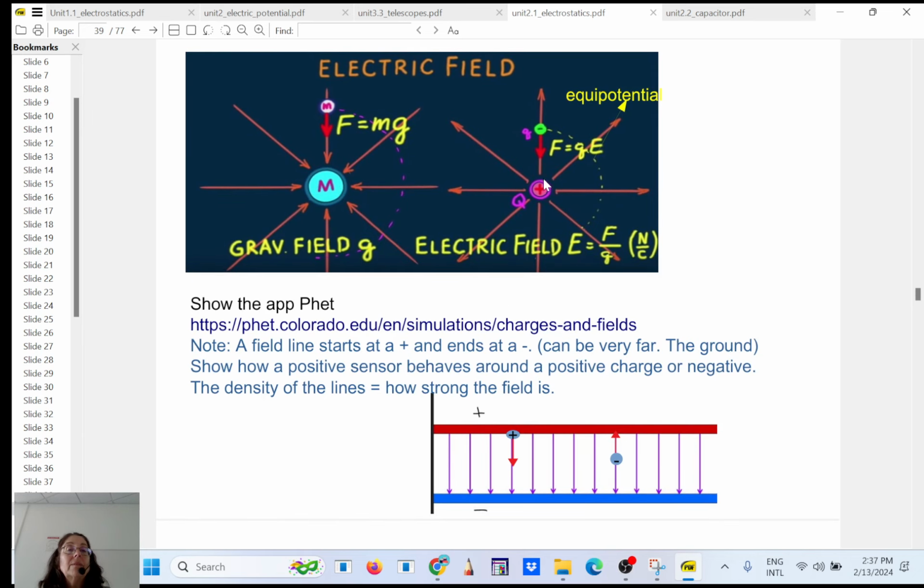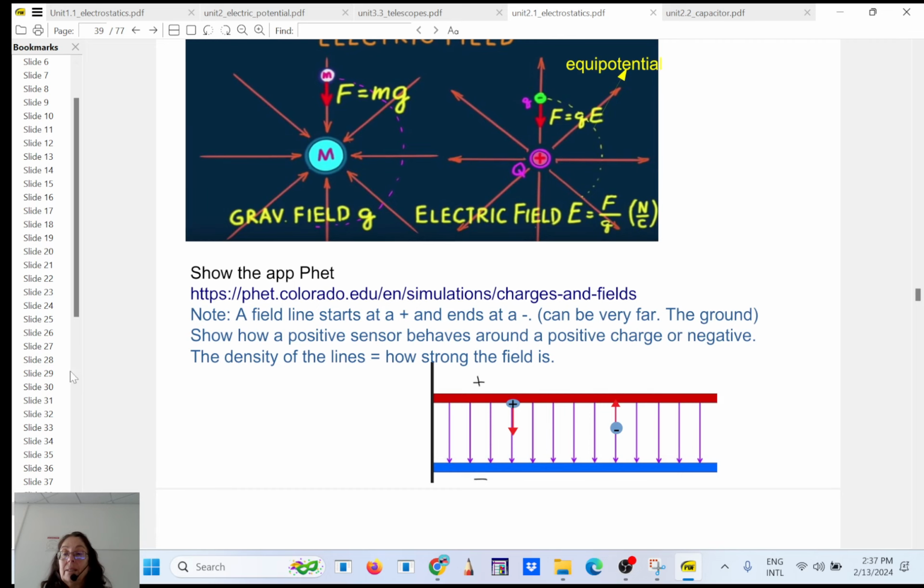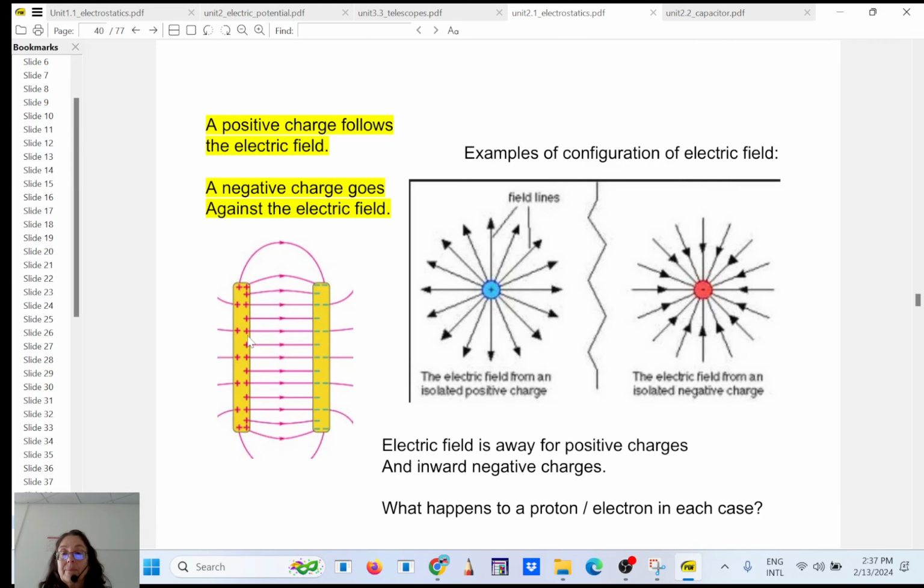If you have a positive charge, the electric field will be out. If you have a negative charge, it wants to go against the electric field. If you have a positive charge, it wants to go in. Here it's the same thing.